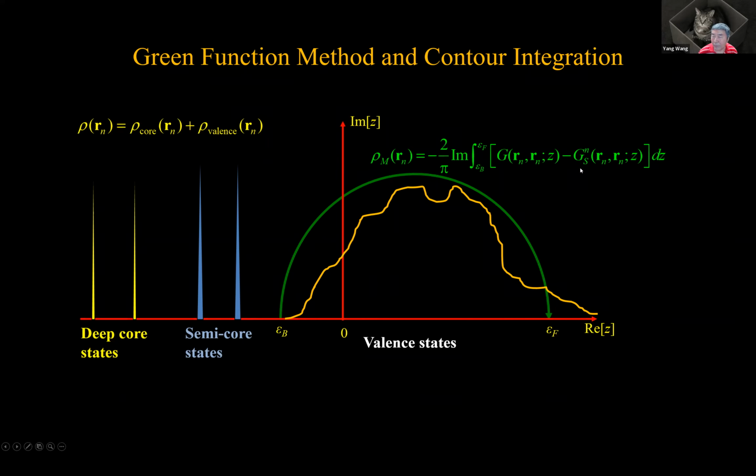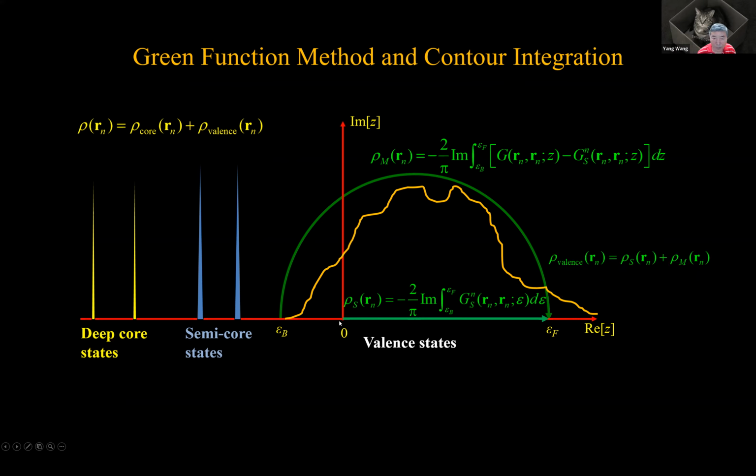This difference only involves the irregular solution term. The irregular solution terms just cancel with one another. So that part can be done along the contour. Then, of course, we have to add the single site Green function back to it. So that's how we do this. These two things added together give the total valence charge density.